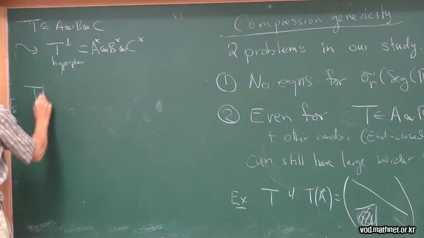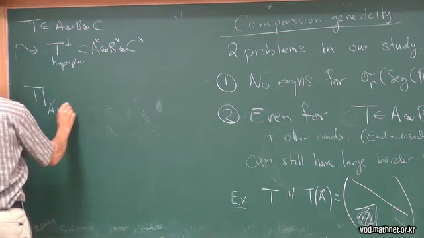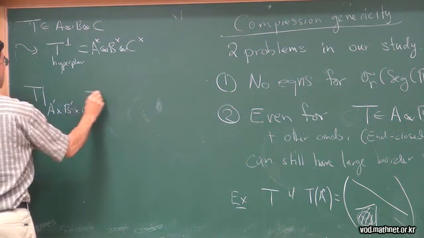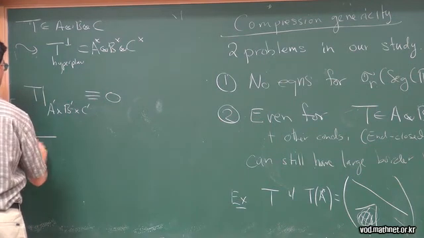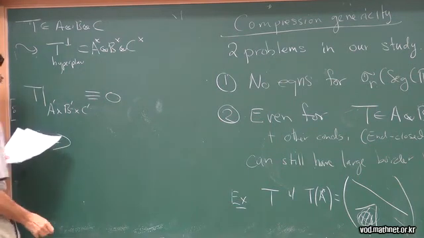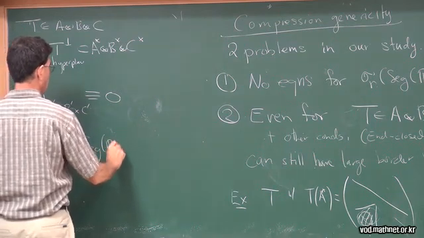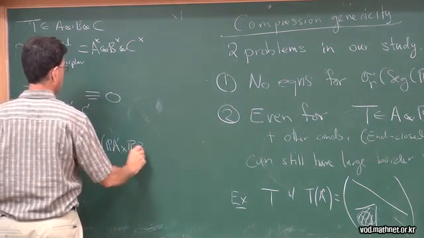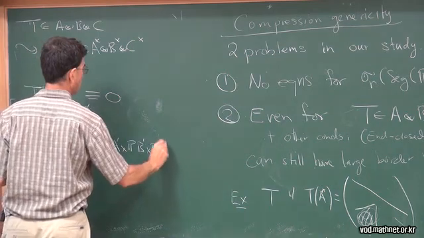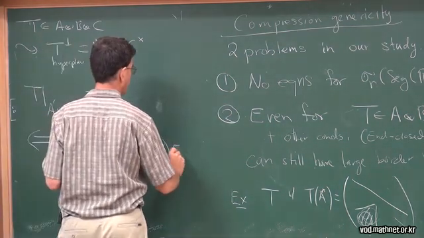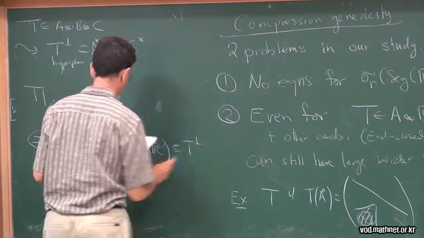And to say that T restricted to A prime cross B prime cross C prime is identically 0 is the same as saying the Segre of P A prime cross P B prime cross P C prime is contained in the hyperplane T perp.